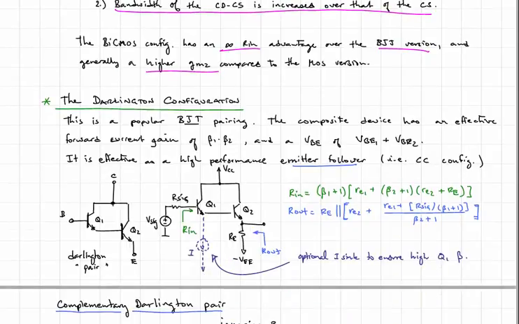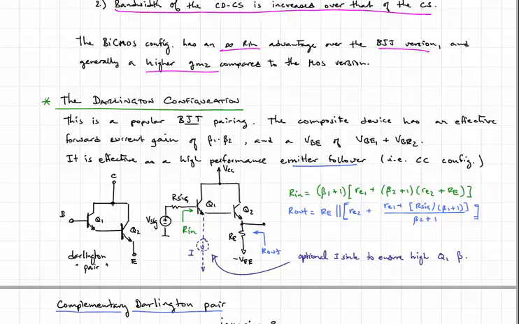Okay, let's move on and look at two more things. Let's look at the Darlington configuration. This is a popular bipolar junction transistor pairing, particularly as you get to output stages, power stages in an amplifier.